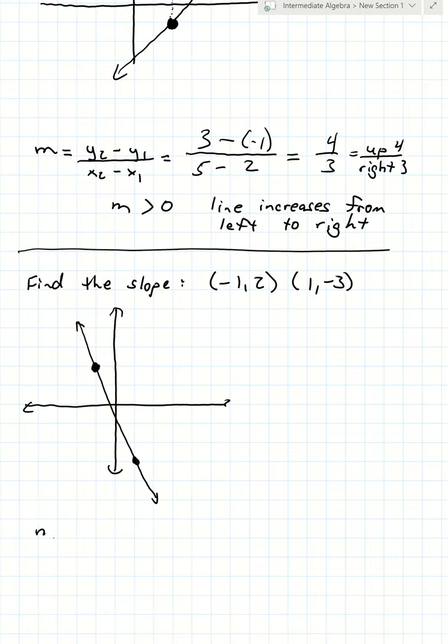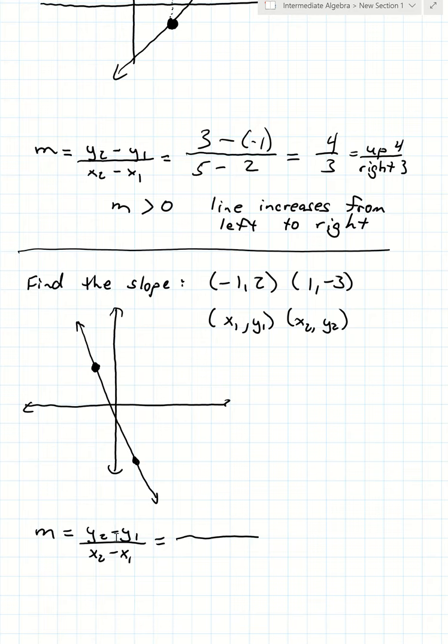So once again, our formula m equals y sub 2 minus y sub 1 divided by x sub 2 minus x sub 1, where (-1, 2) is my x1, y1 coordinate, and (1, -3) is my x sub 2, y sub 2 coordinate. So I'm going to now plug those numbers in.